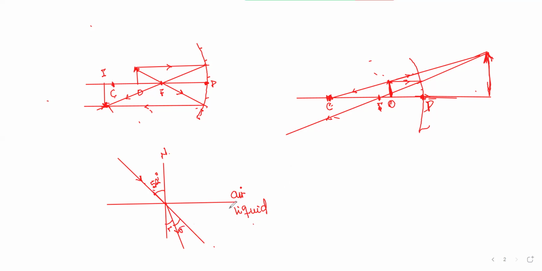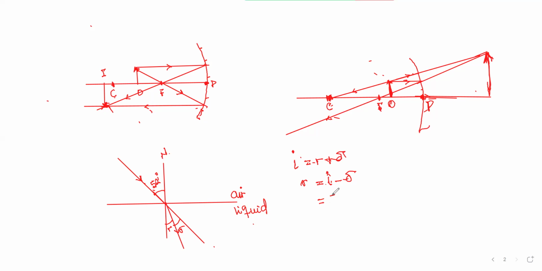By vertically opposite angles, the angle of incidence I is equal to the angle of refraction plus the angle of deviation. So our angle of refraction is equal to angle of incidence minus angle of deviation.